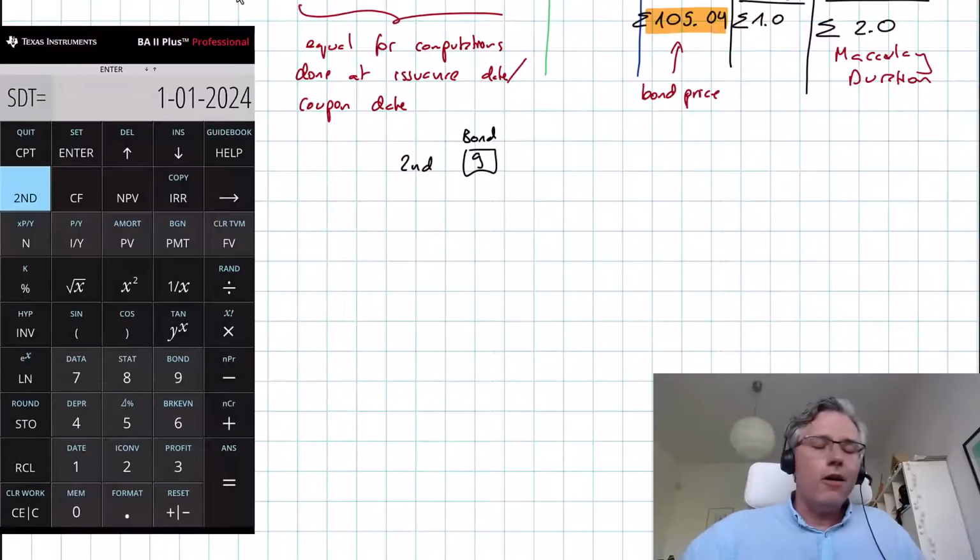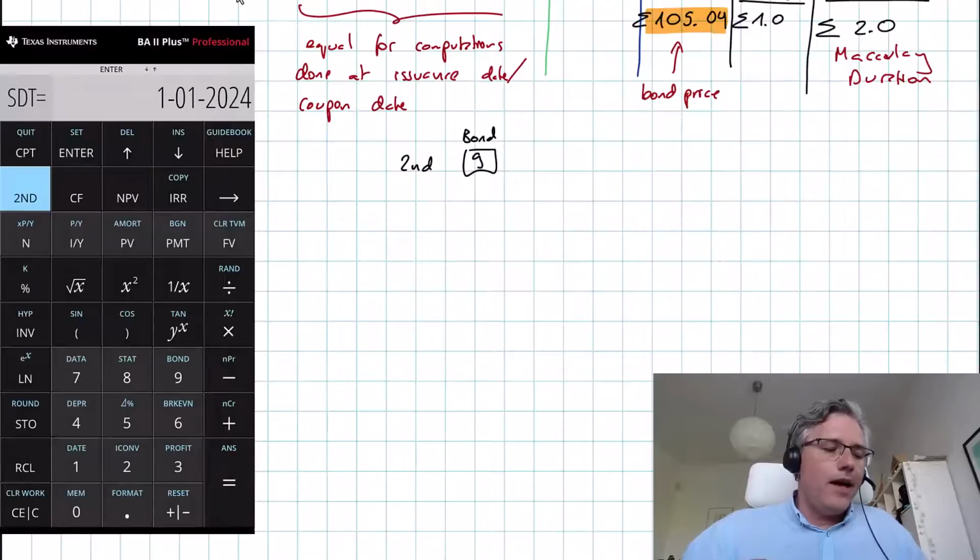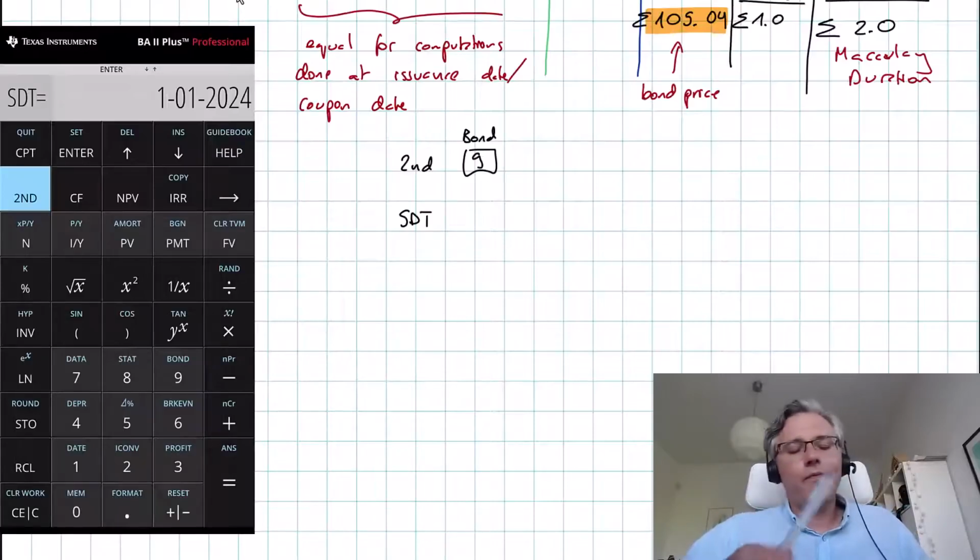Now, I've cleared the worksheet, but it doesn't clear the dates necessarily. So I've got some dates sitting in there from previous calculations. And what you see already here is that my settlement date, SDT, is January the 1st, 2024. This is the American convention for quoting dates.